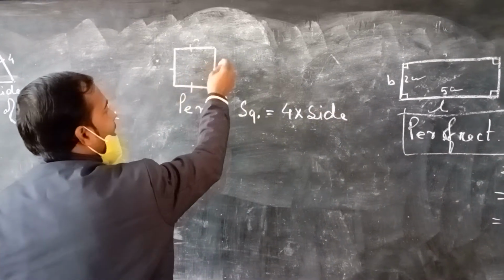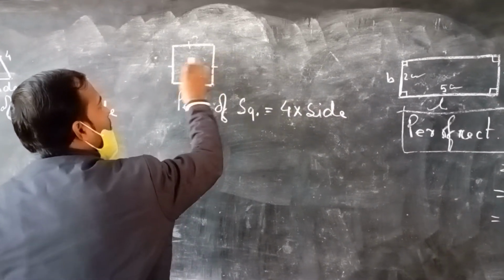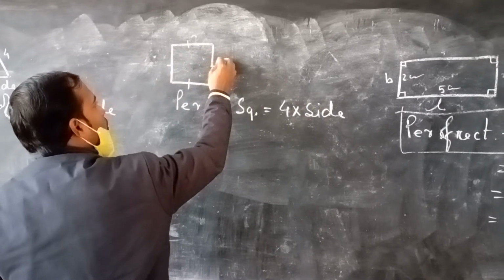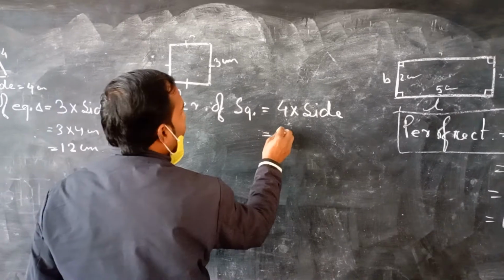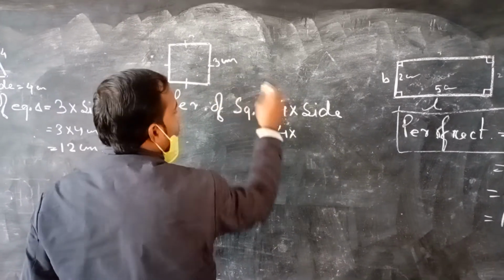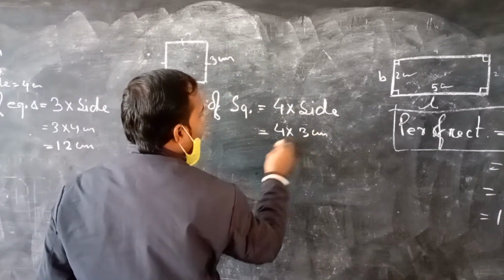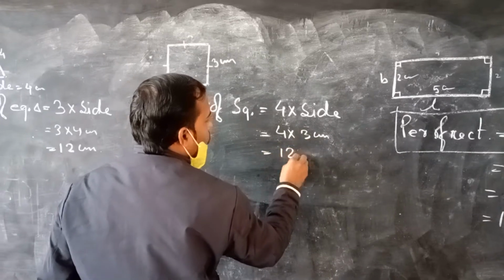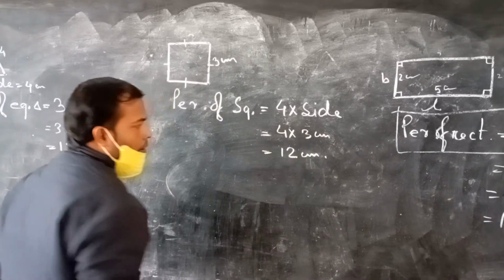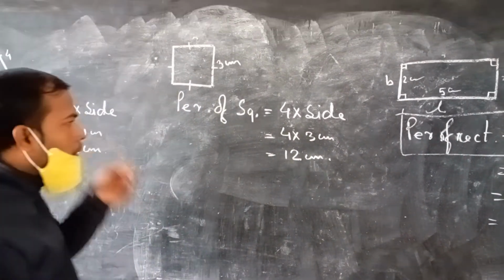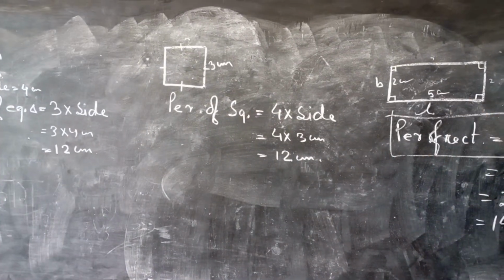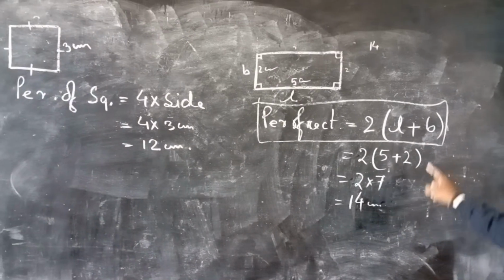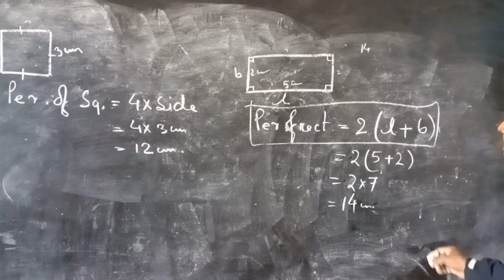If side is given, suppose side of this one is 3 centimeter, then perimeter of square is equal to 4 into side, which is 4 into 3 centimeter, equal to 12 centimeter. Okay?